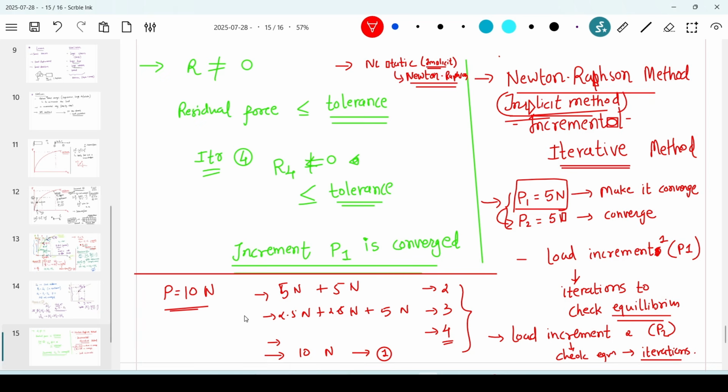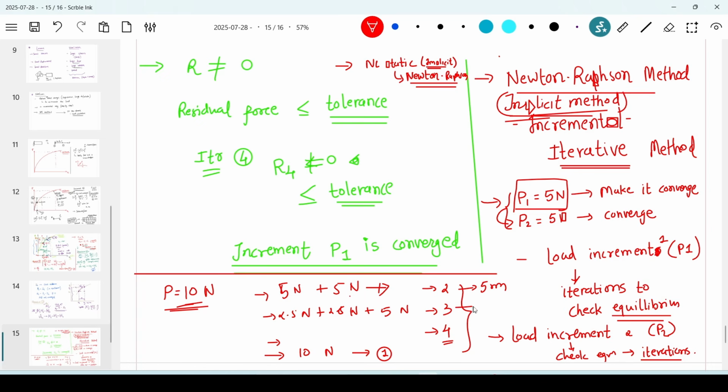So now it is clear, you should not have the question: should I apply 10 Newton in the first increment, or 2 Newton? It doesn't matter. Newton-Raphson will check the equilibrium for any load you apply, so the solution will remain the same. With two increments you get, let's say, 5 mm.